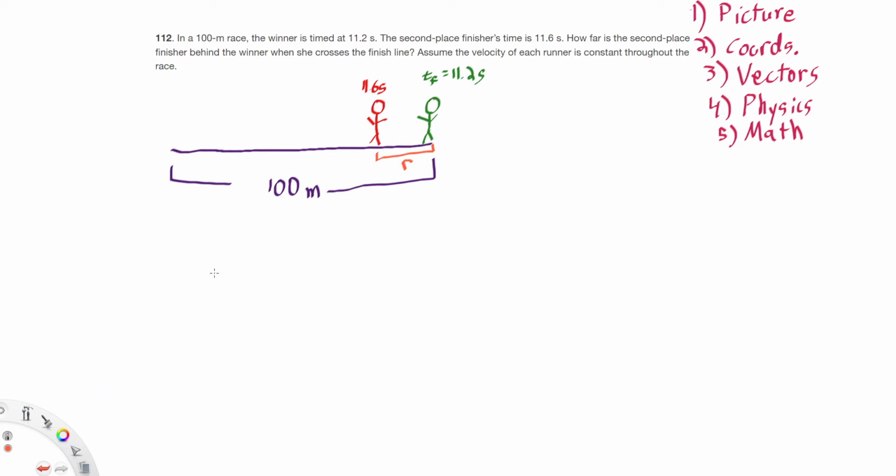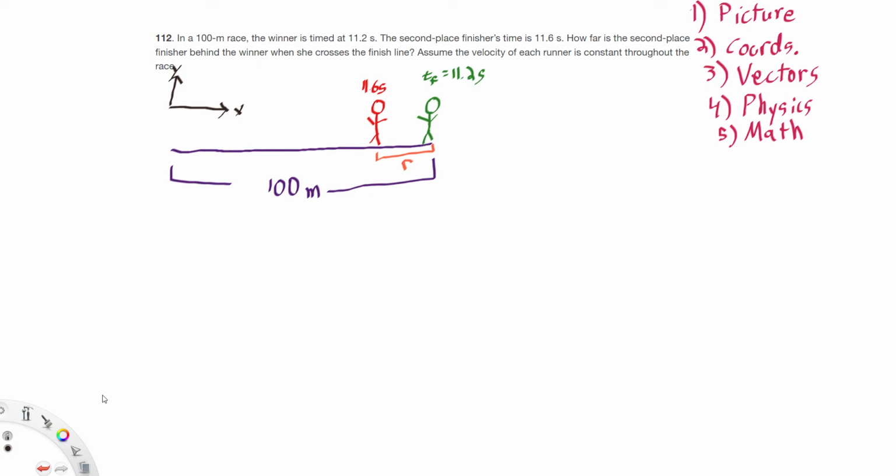All right, so that's step one of our problem. Step two, decide on your coordinate axis. Here, there's not really anything fancy going on. In fact, we can just say that to the right is the positive x direction, and we're not even going to use the y direction.